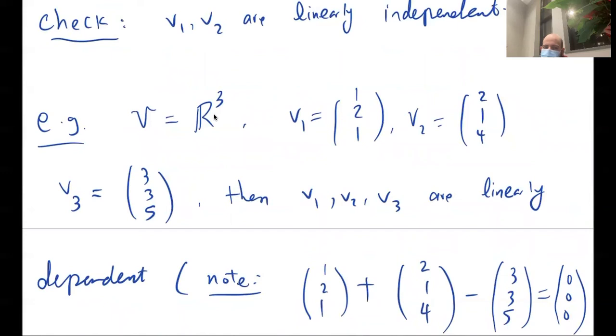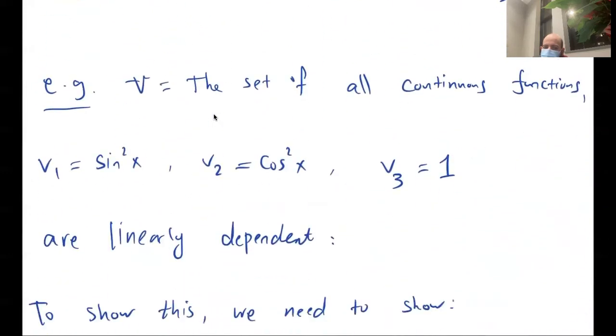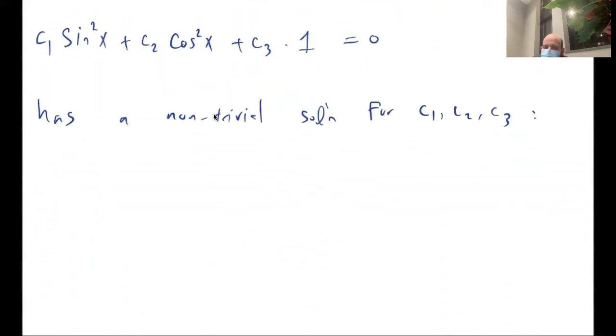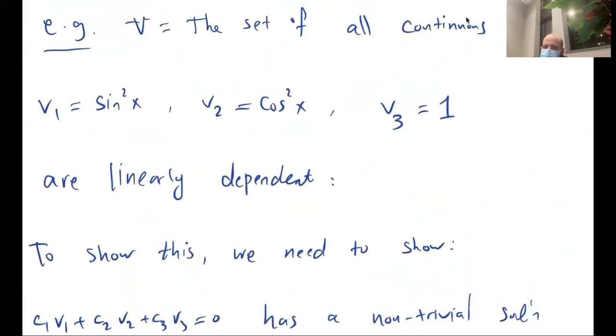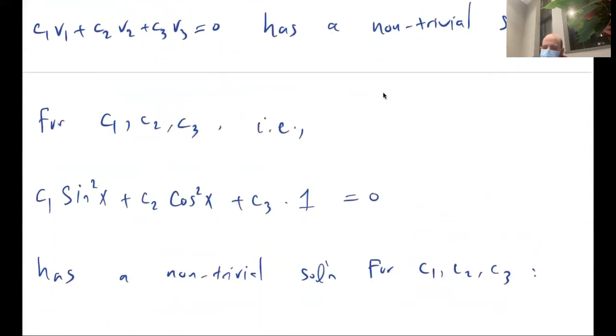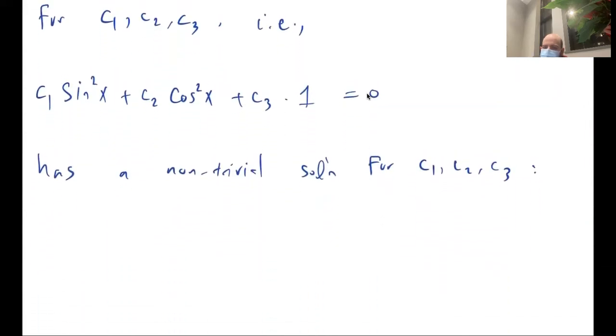So 0 in this vector space means vector 0, which is 0, 0, 0. But in this example, our vector space is the set of continuous functions. What is the 0 of this vector space? The 0 of this vector space is constant function 0.